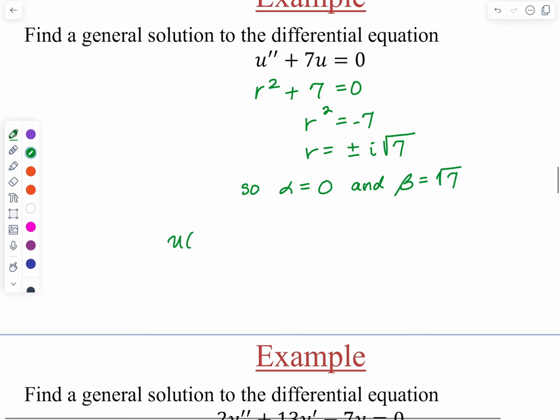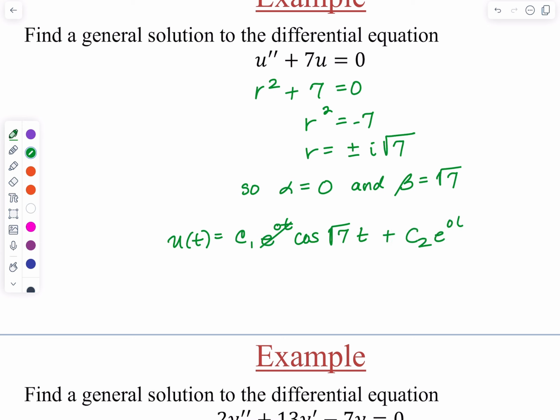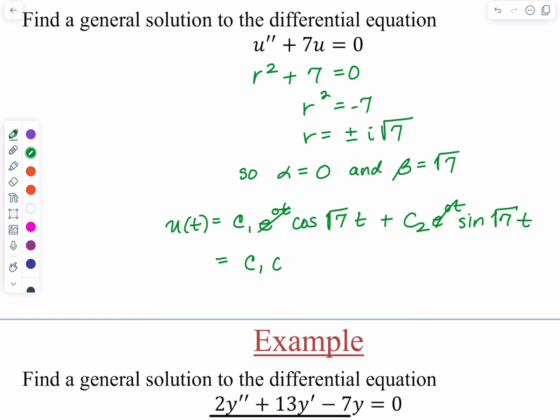So our general solution is u of t equals c1, and then, of course, we would have e to the 0t multiplied by the cosine of root 7 times t plus c2 e to the 0t sine of root 7 multiplied by t. And that simplifies to c1 cosine of t root 7 plus c2 sine of t root 7.